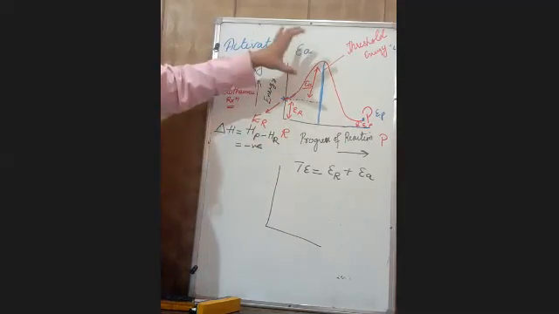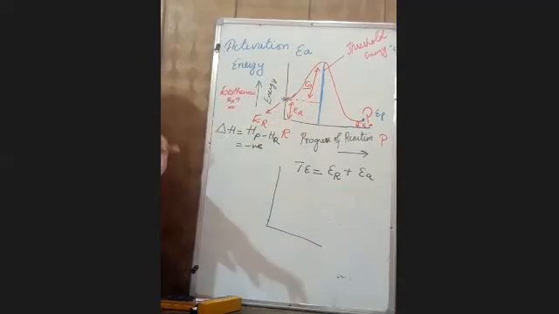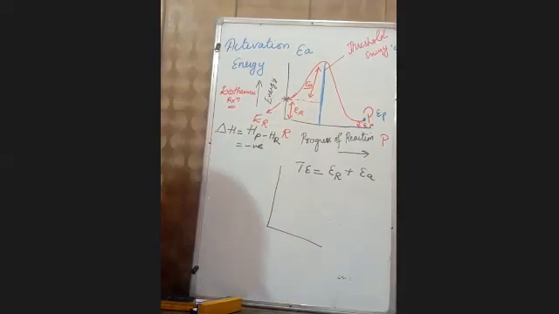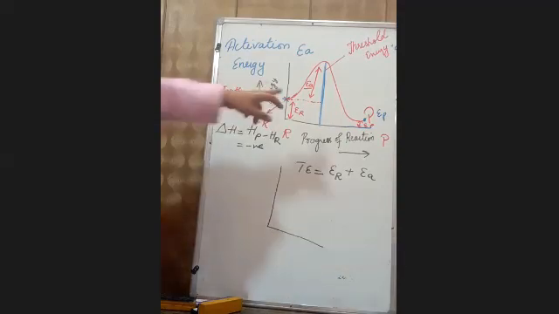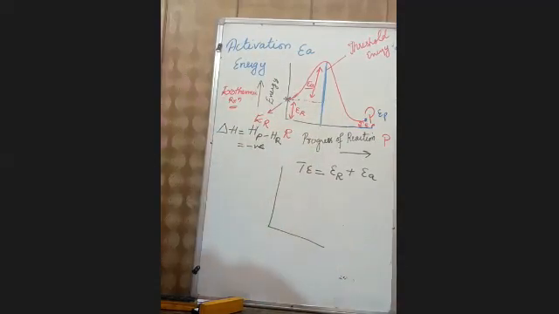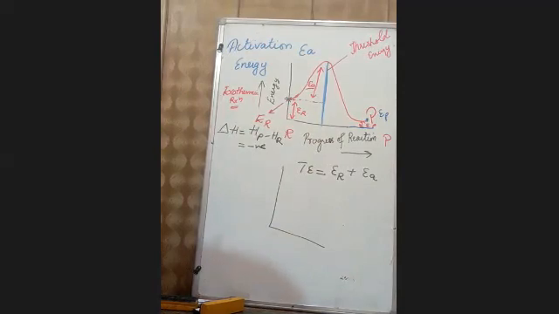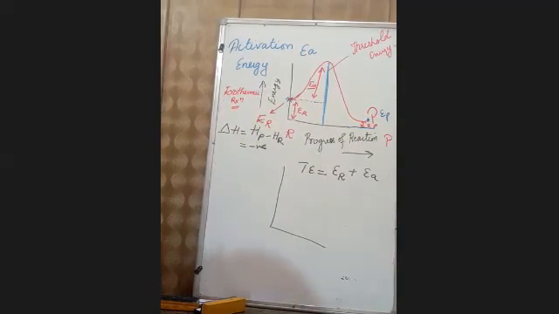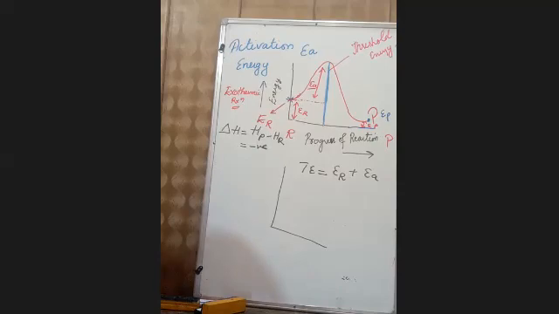And this much amount, the minimum extra amount of energy absorbed by the reactant molecules so that their energy becomes equal to threshold energy is your activation energy. So what is activation energy?